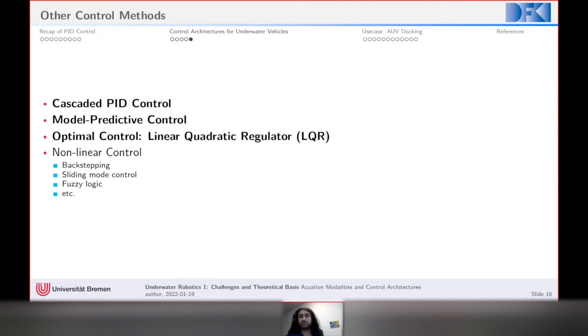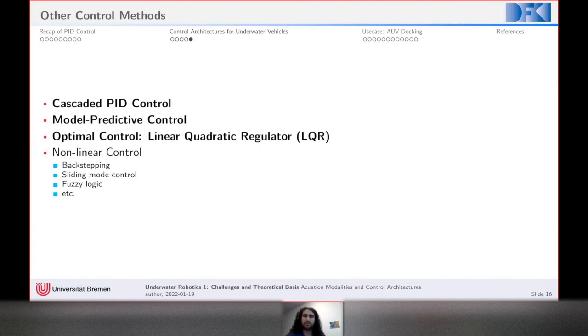And in the next training, Erdal will talk in more detail about optimal control and linear quadratic regulators. Other control algorithms that you might find in literature are backstepping control, sliding mode, and fuzzy logic. There are lots of different controllers, but these are the most basic control algorithms that you would find for underwater robots.